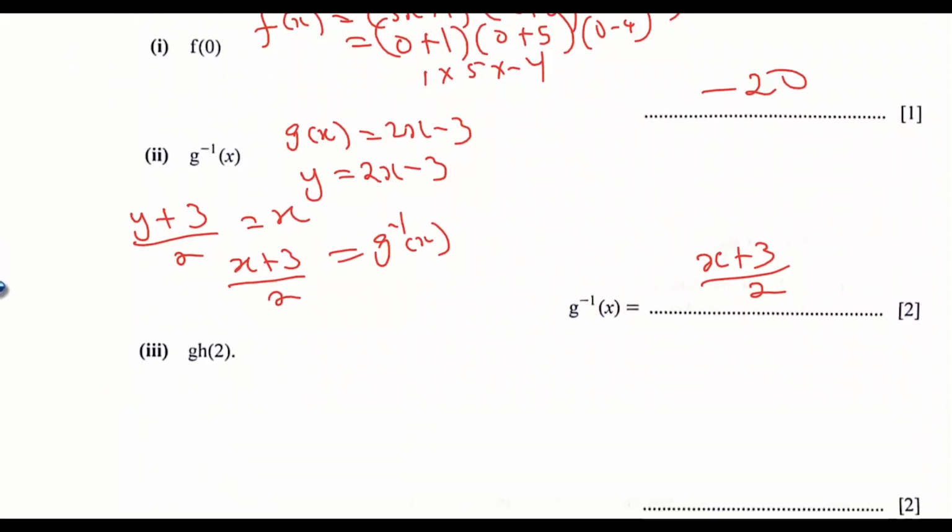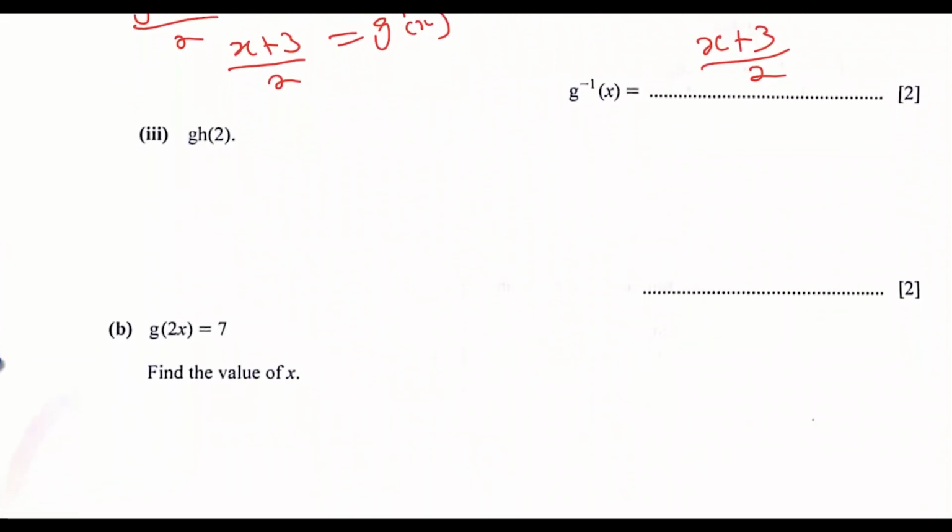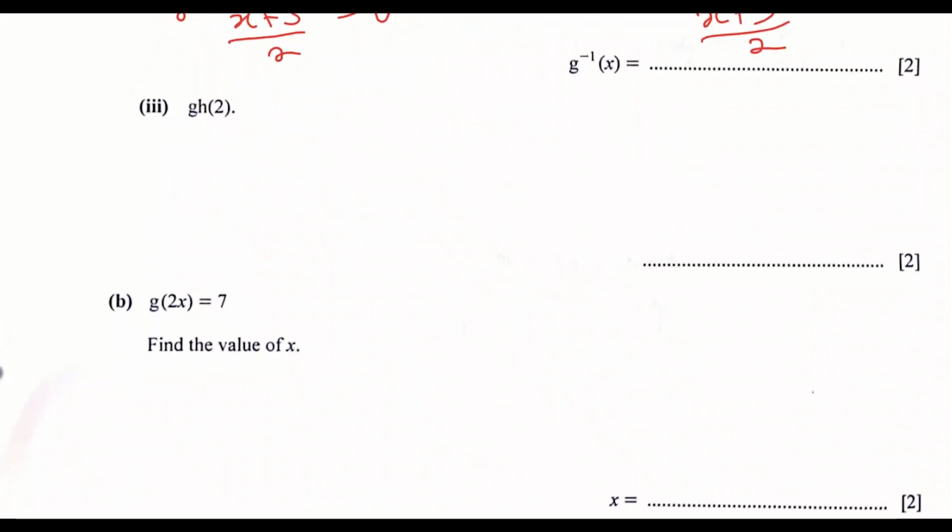So Roman figure 3, gh of 2. So to get gh of 2, you need to firstly get h of x.